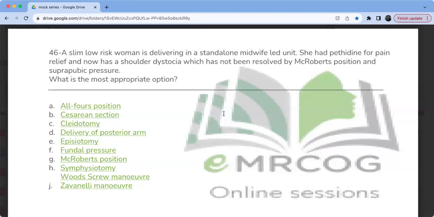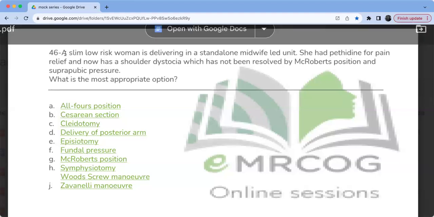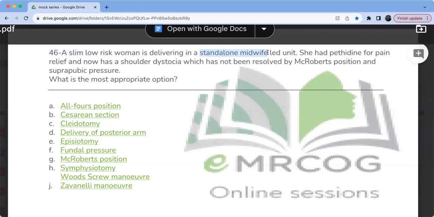And he gave you slim as a keyword, right? He gave you midwifery unit, and it's a standalone, not even inside the hospital. Another thing, he confirmed that the patient is mobile. She only received the Betadine, not epidural.